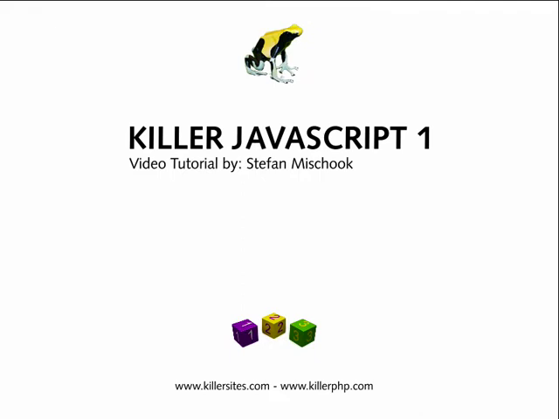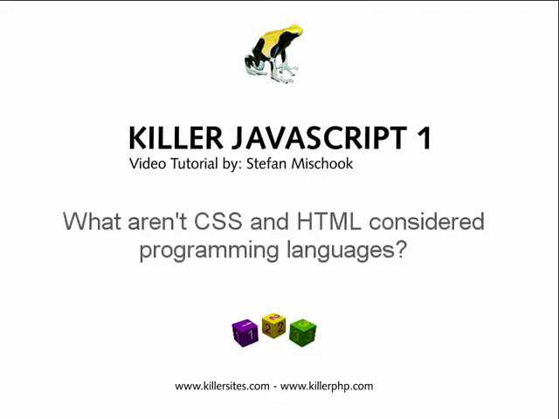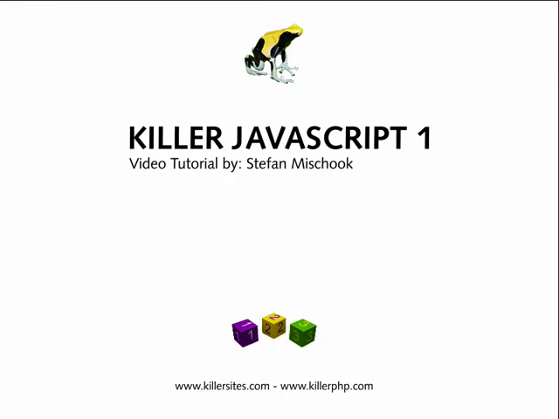And the final point I want to cover, this is an interesting one. Why aren't CSS and HTML programming languages? In a nutshell, because you cannot make decisions and change things on the fly with CSS or HTML. JavaScript allows you to add controllable behavior to a web page. That's the key point.